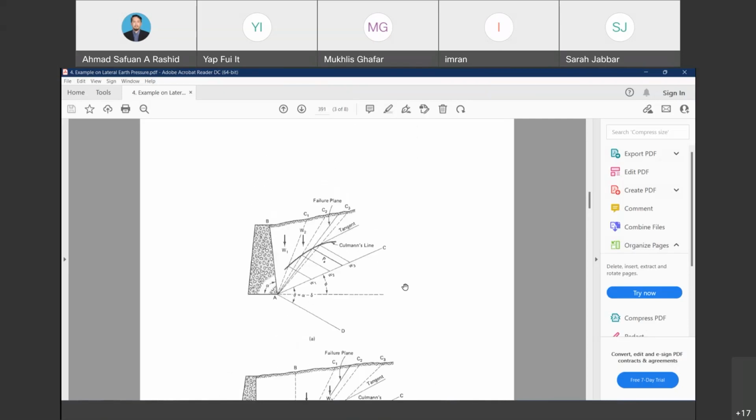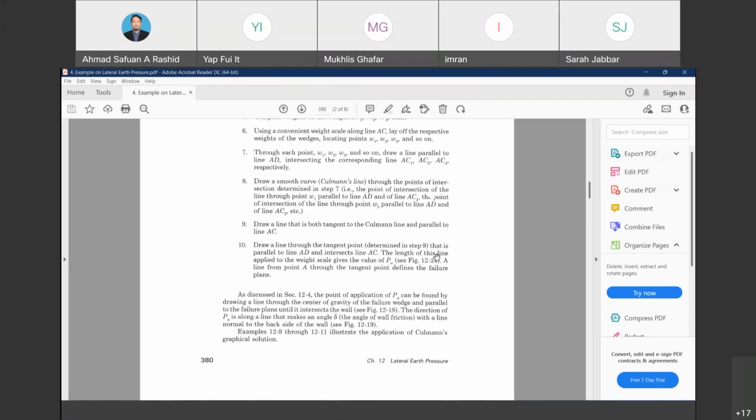Because here, the length of this line applied to the load scale gives the value of PE. A line from point A to the tangent point defines the failure plane. Yeah, you are correct. And actually the slide is also correct. So it means that the GF is the value for the PE.